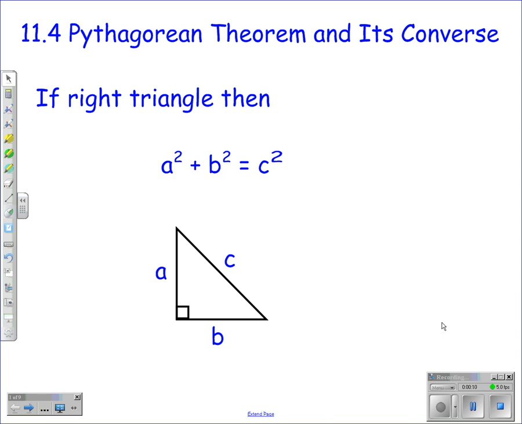The Pythagorean Theorem is, if you have a right triangle, then a squared plus b squared is equal to c squared, meaning the two legs of the right triangle being a and b, if I square their lengths and add them together, that will be equal to the hypotenuse length squared. So a squared plus b squared equals c squared. If it's a right triangle, this will always be true.